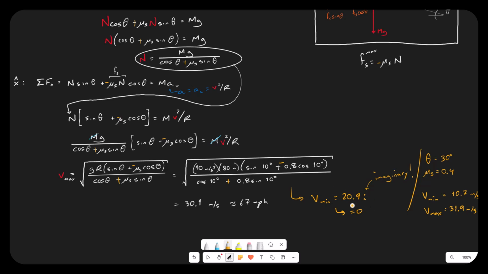If our min comes out to be something with an i, that means this thing is going to be safe at any minimum speed. We can be 0 and we will still stay put. If we get actual values, then we get some kind of a range that we have to worry about.